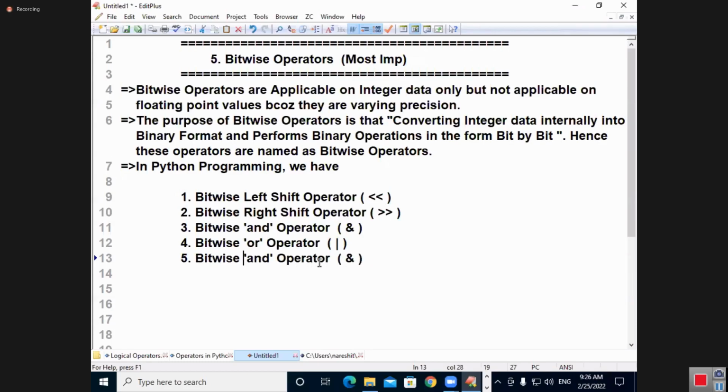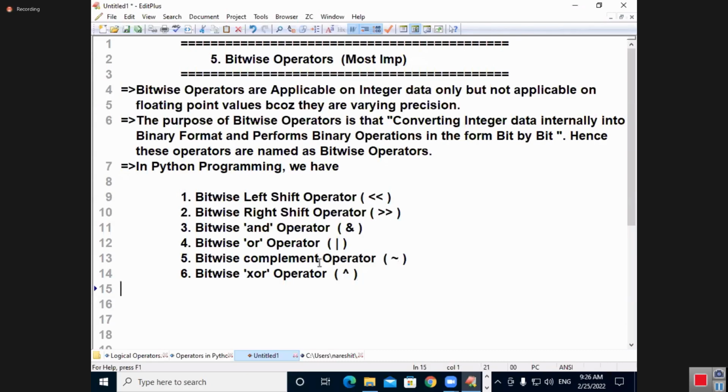The operator symbol is the tilde. Last and final, the bitwise XOR operator, which has a cap symbol like this.